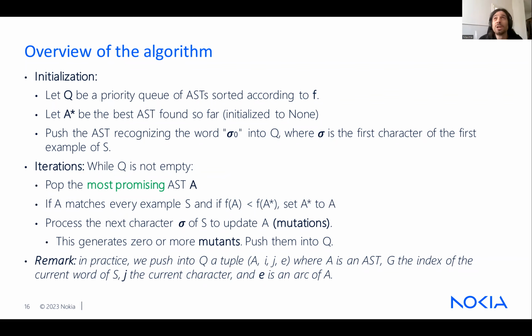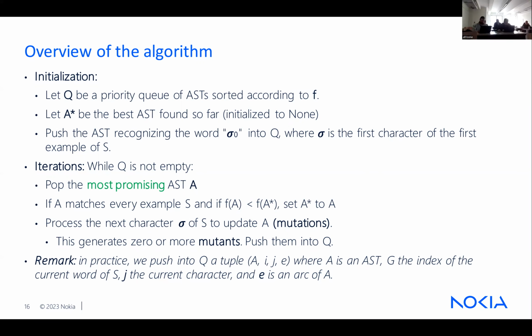I'm not sure. I don't need to check that an AST keeps recognizing examples. At least we don't need to check it often, because by construction of the mutation, most of the time we make sure that it will be backward compatible somehow. Okay, yes, I see what you mean.